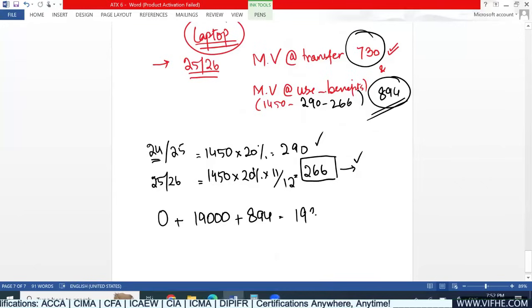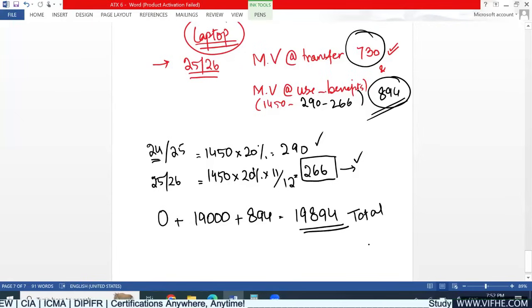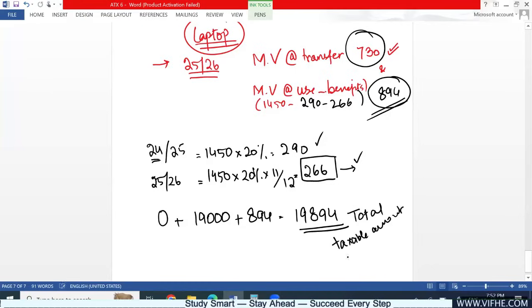That's going to be 19,894. This is going to be the total taxable amount in respect of the redundancy package. All right.